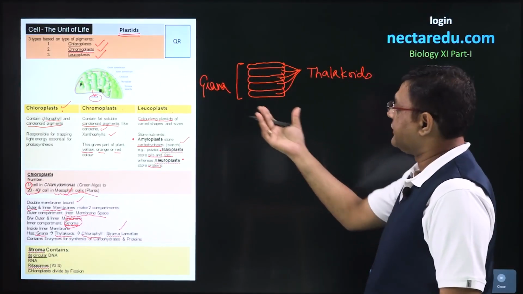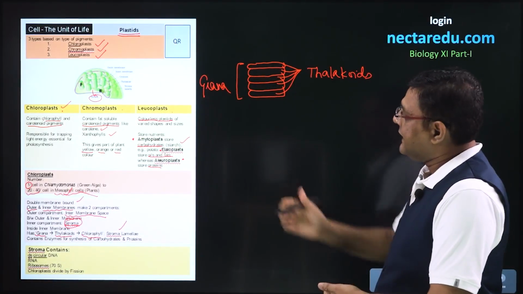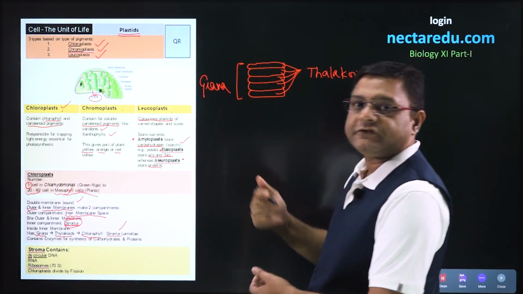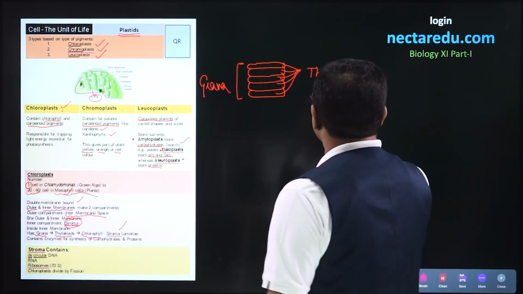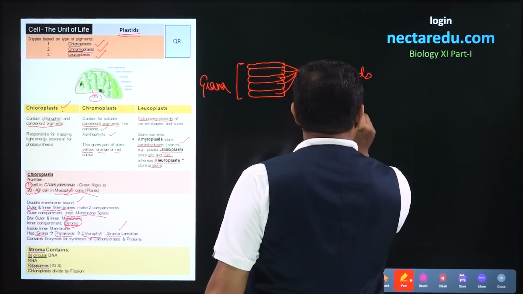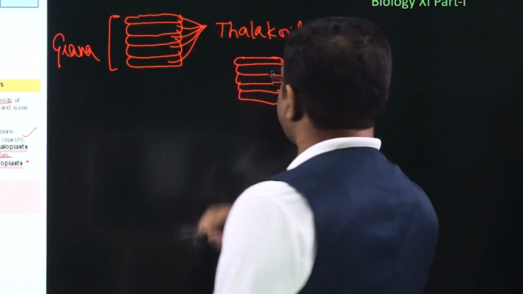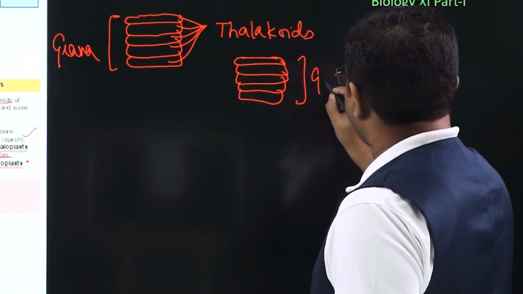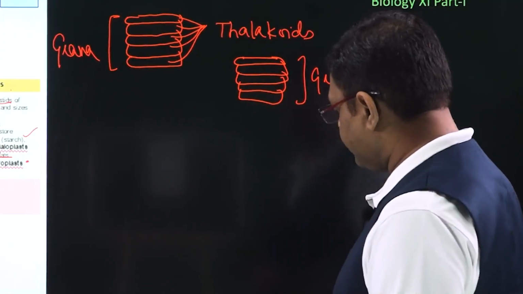So this is the structure of grana and thylakoids. Inside the stroma, many such grana will be present. Let us form one more grana. These are the individual thylakoids which will form the grana. So this is another grana.